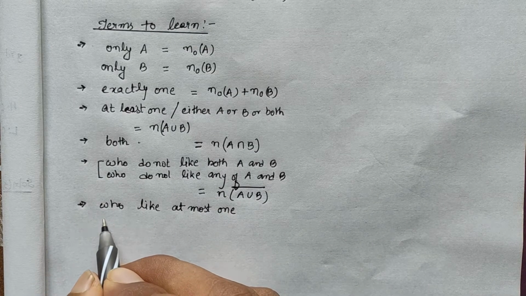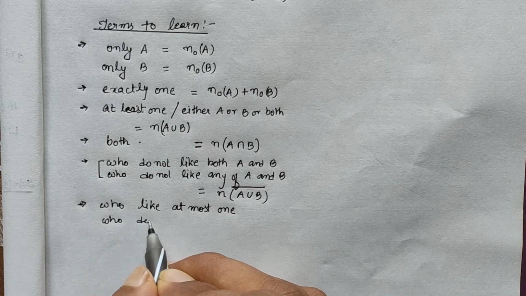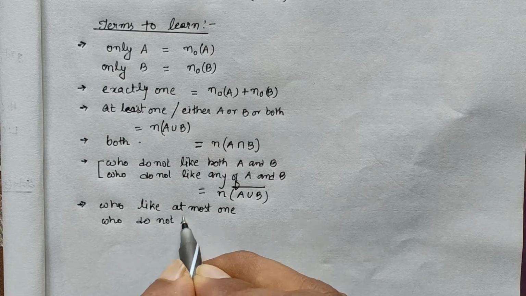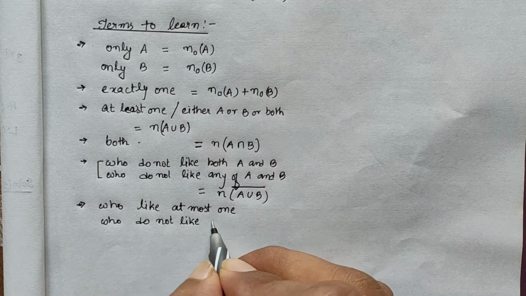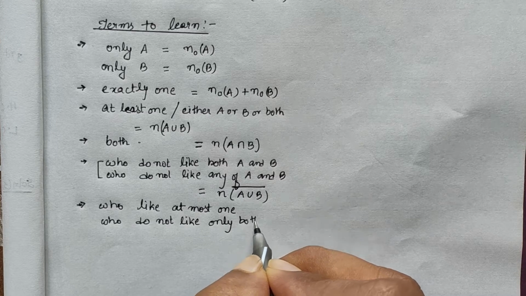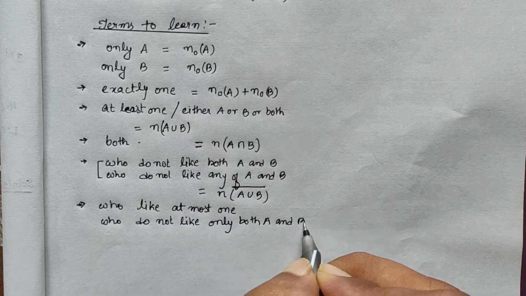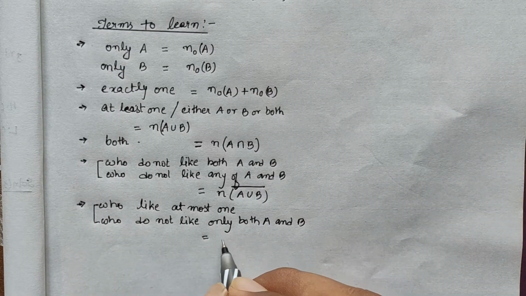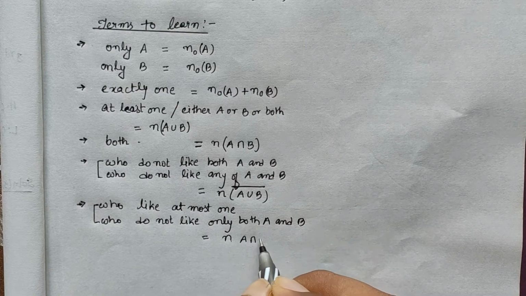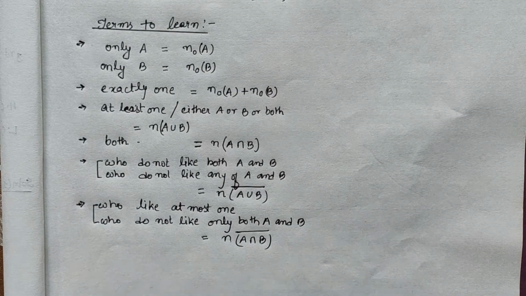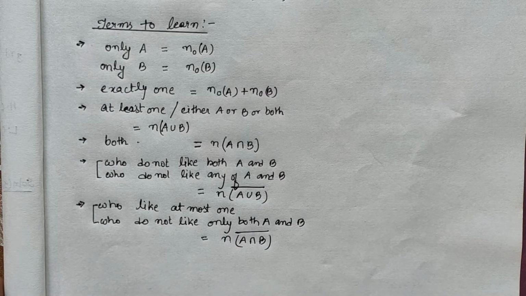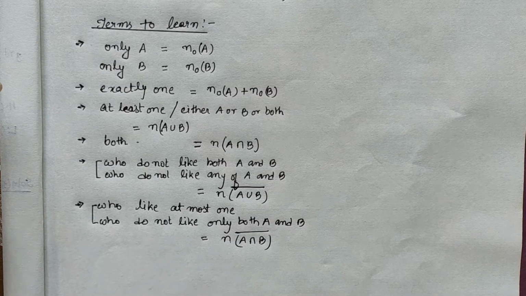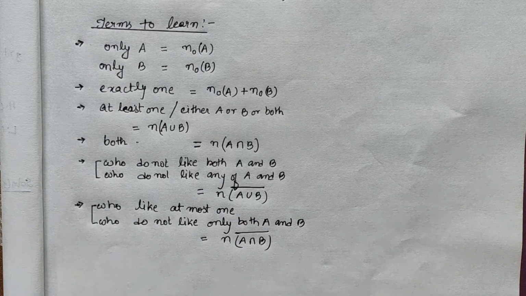Or the question can be asked like this: who do not like only both A and B. In that case you have to find the complement of A intersection B. Okay, so these are the terms you have to learn while you are solving the questions related to sets, and we will discuss the questions related to these terms in another episode.